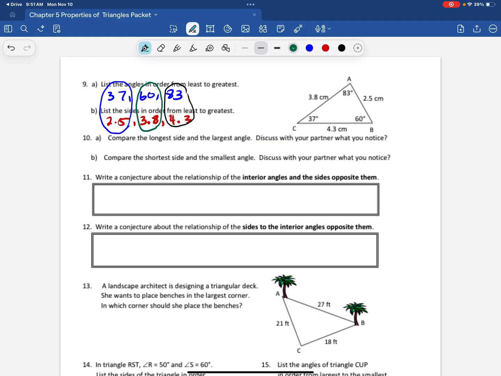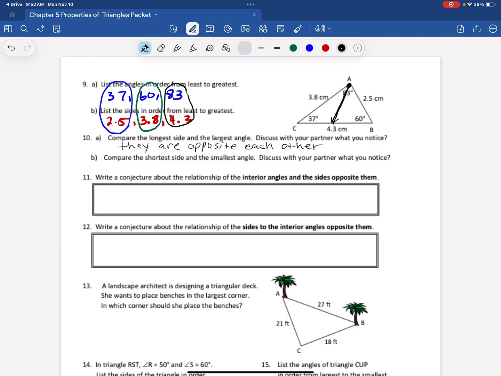So if we compare the largest side and the largest angle, they're opposite each other. Now, what do I mean by that? I want you to put your pencil on the largest angle and draw a line diagonal through the center of the triangle, and where you end up is on the longest side.